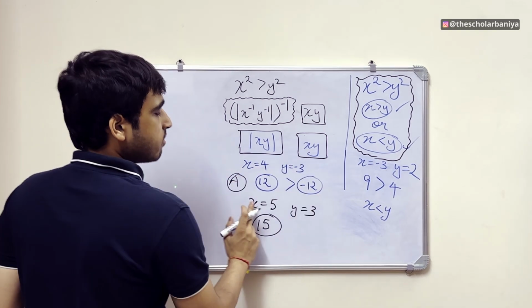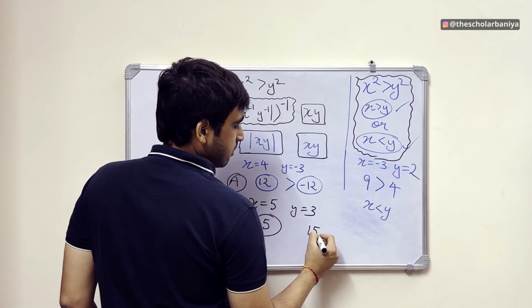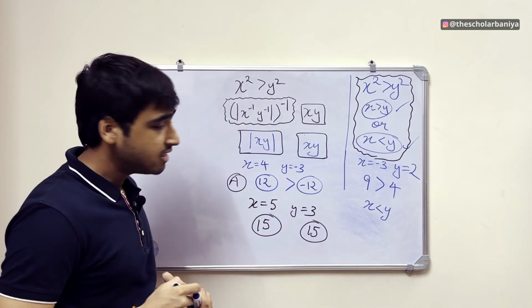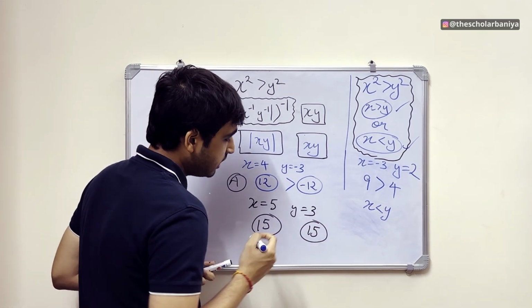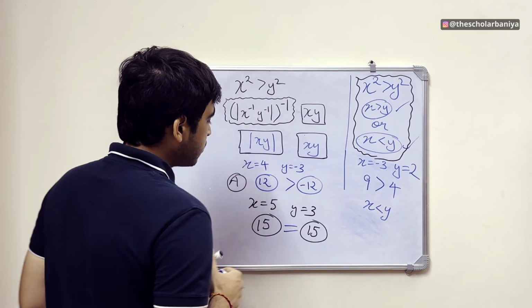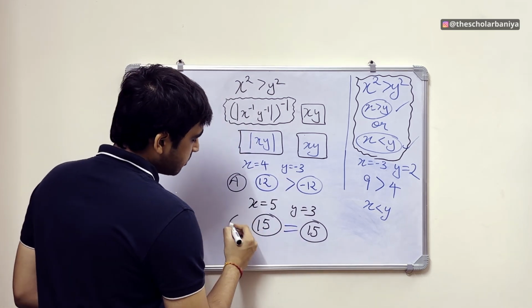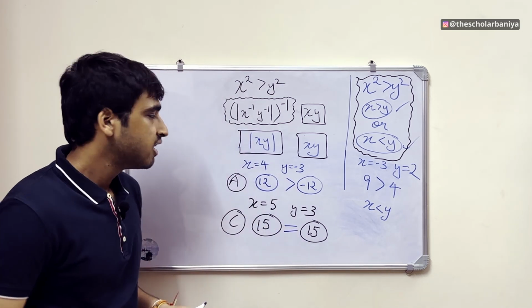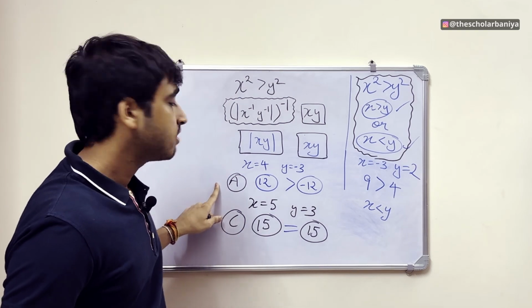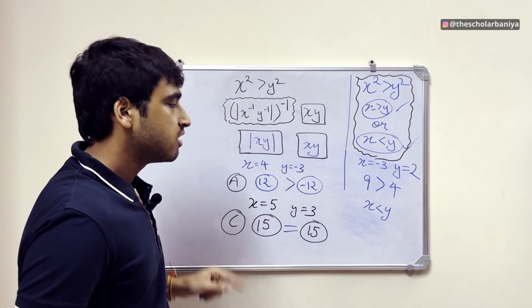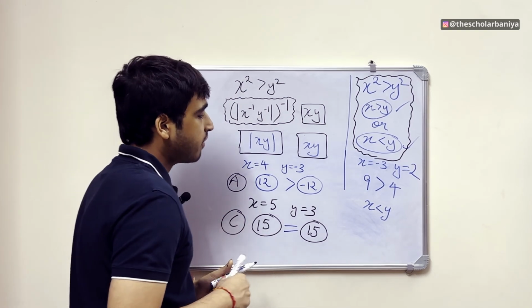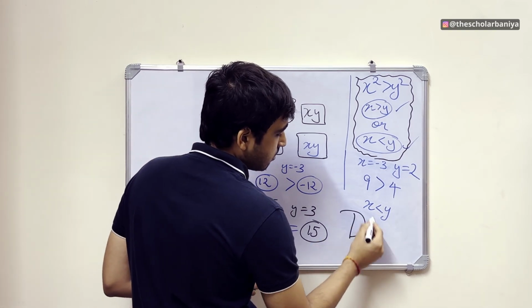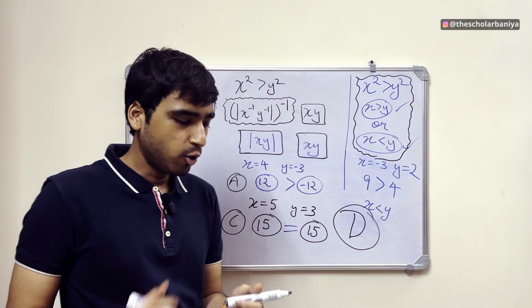What is xy? xy is 5 3s are 15. So in this case, these two things are equal, which means your answer is C, right? So in one case, your answer is A. In the other case, your answer is C. So you cannot say anything. So your final answer becomes D. I hope this is clear.